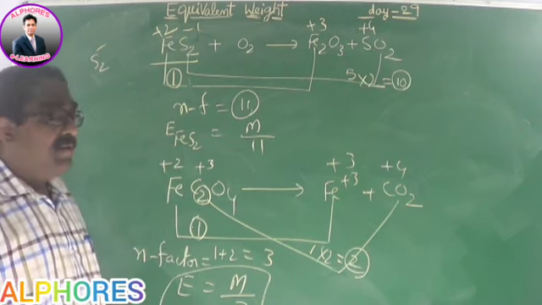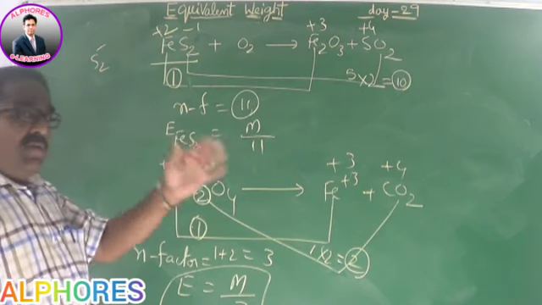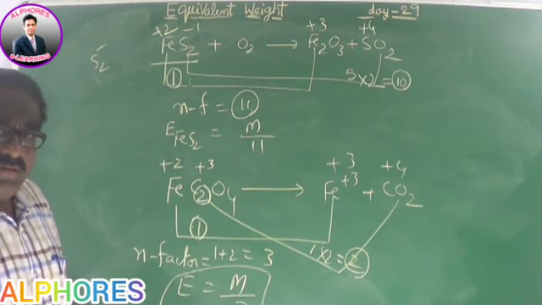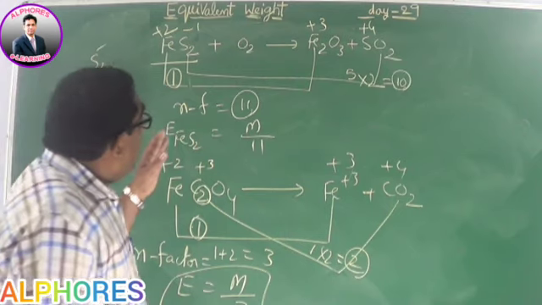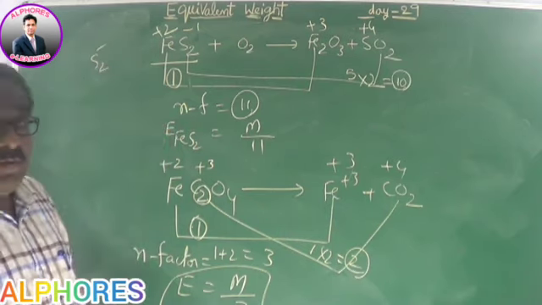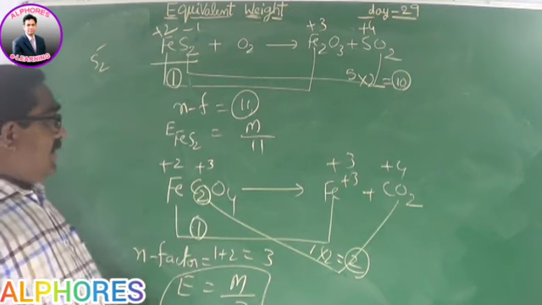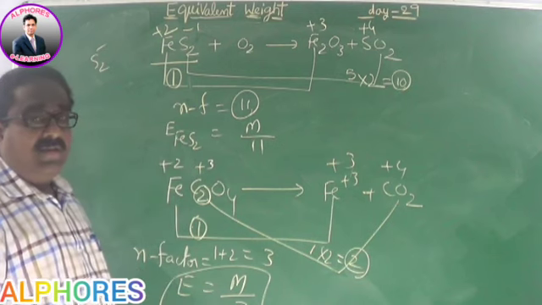In the next session, let me continue the conceptual approach to calculate equivalent masses by introducing you to some more approaches. Please write it down. I am going to conclude this session. Thank you.